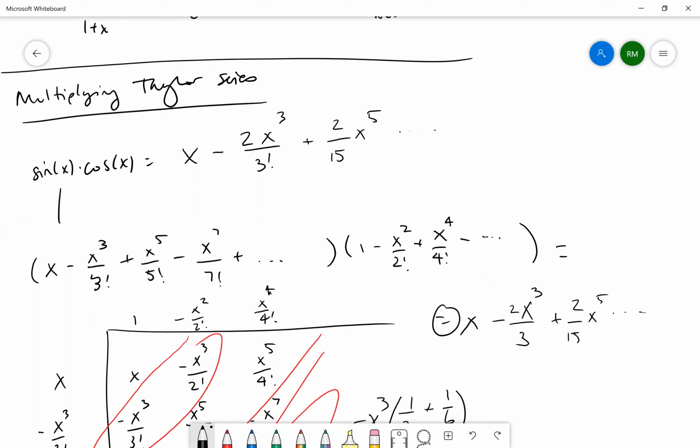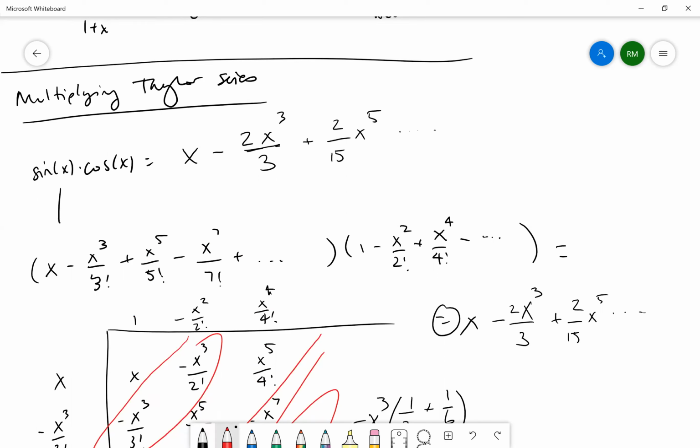And there are more terms. Where do you see this series coming from? What other series do you see that's similar to this? Oh, that's not 3 factorial. That's just 3. Excuse me.